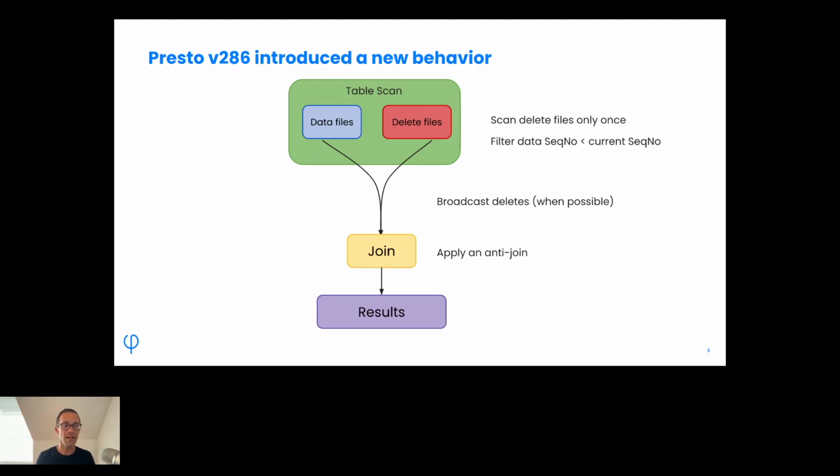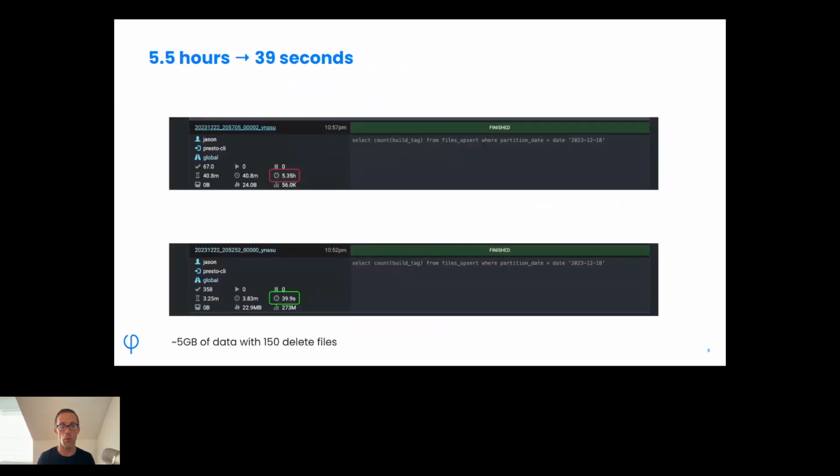So with that said, if we look at the first picture here, when we ran this without this optimization, we saw almost a 5-hour wall time for a simple query. It's about 5 gigabytes of data, 150 delete files, which isn't a lot in the grand scheme of things. When you have a database replicating CDC changes, you're going to get a lot more than 150 delete files.